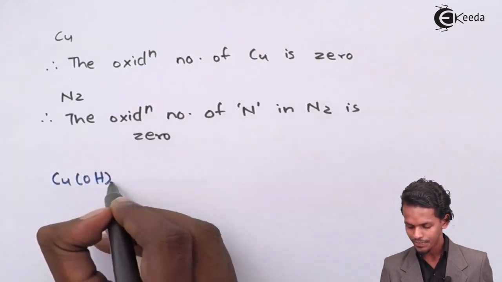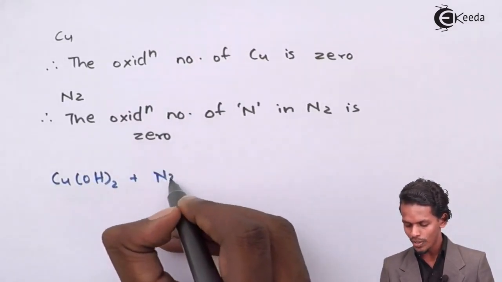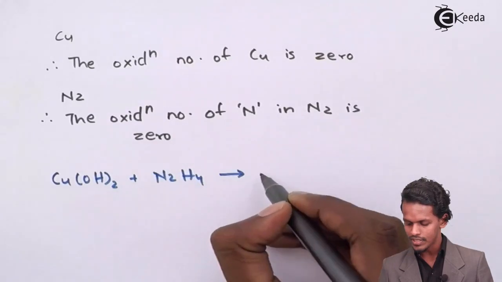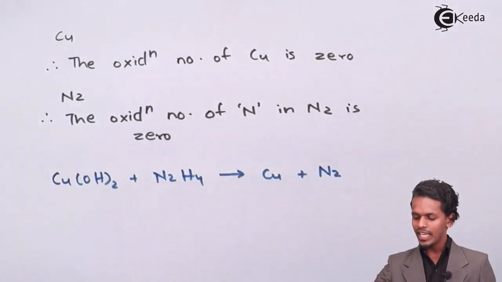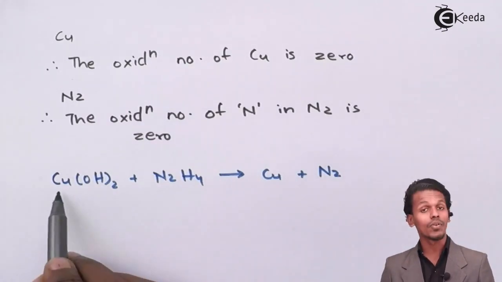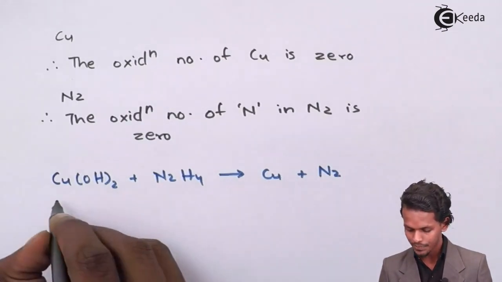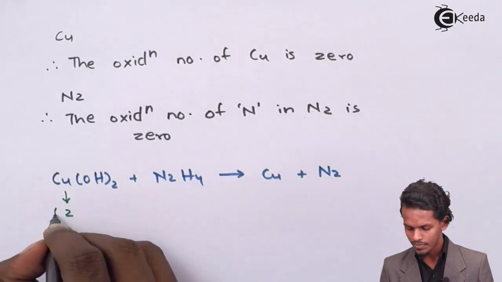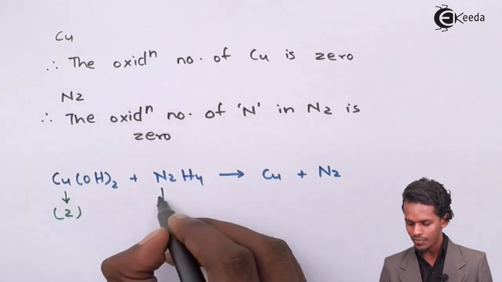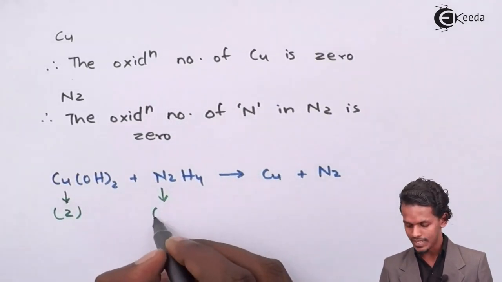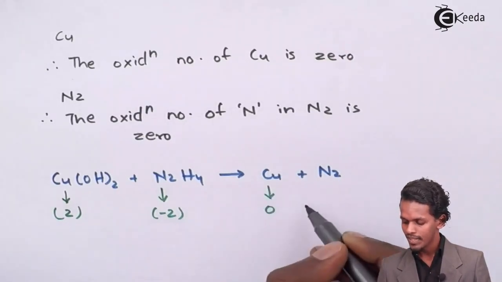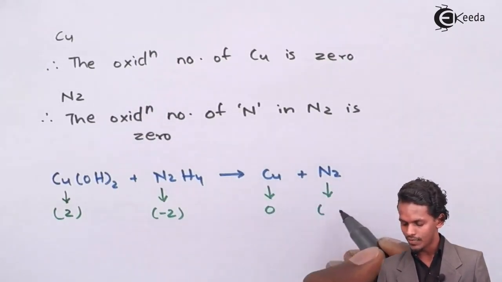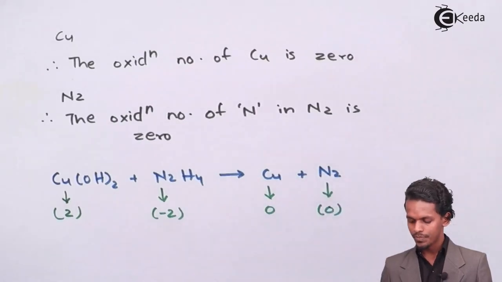So finally I could write the overall equation as it is: Cu(OH)2 plus N2H4 should give us copper plus the nitrogen molecule. If I evaluate, the oxidation number of copper was +2, that of nitrogen was -2, and in the products copper is 0 and nitrogen is again 0.